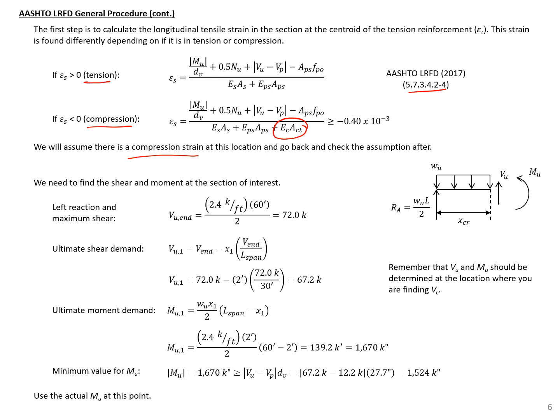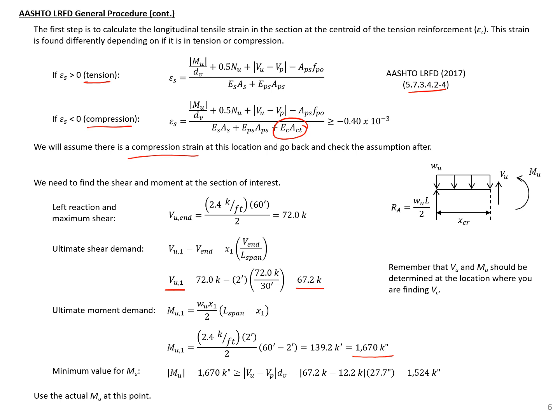calculate the actual strain. The first thing that we need to do, to complete this equation here and be able to plug in our values, is calculate our different shear and moments at this section of interest. So you can see we have an ultimate shear demand at this section of 67.2 kips, and we have an ultimate moment demand of 1,670 kip-inches.